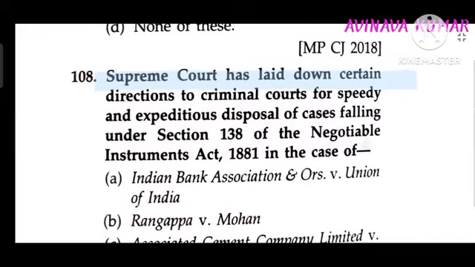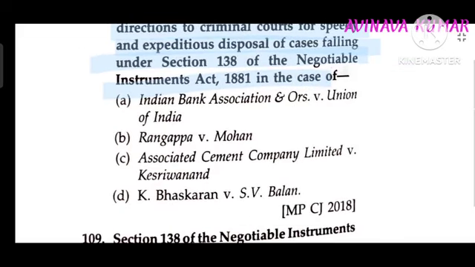The Supreme Court has laid down certain directions to criminal courts for speedy and expeditious disposal of cases filed under Section 138 of NIA in the case of Indian Bank Association and others versus Union of India.